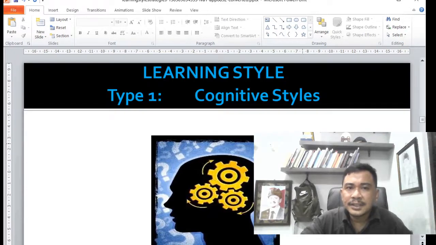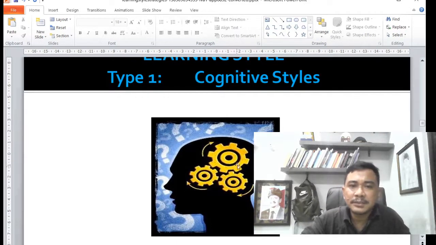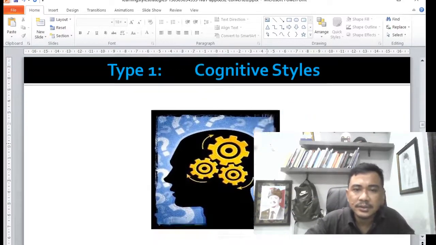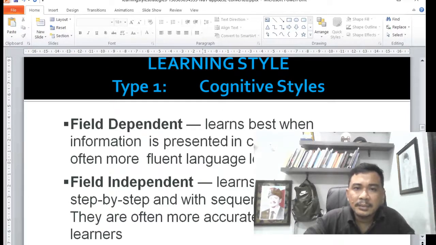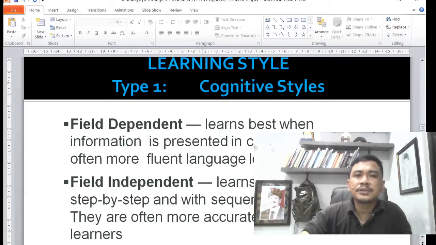Learning style type one, cognitive style. Cognitive means something happens in the brain. Based on the cognitive style, there are two subtypes of learners. The first one, field dependent, learns best when the information is presented in context.